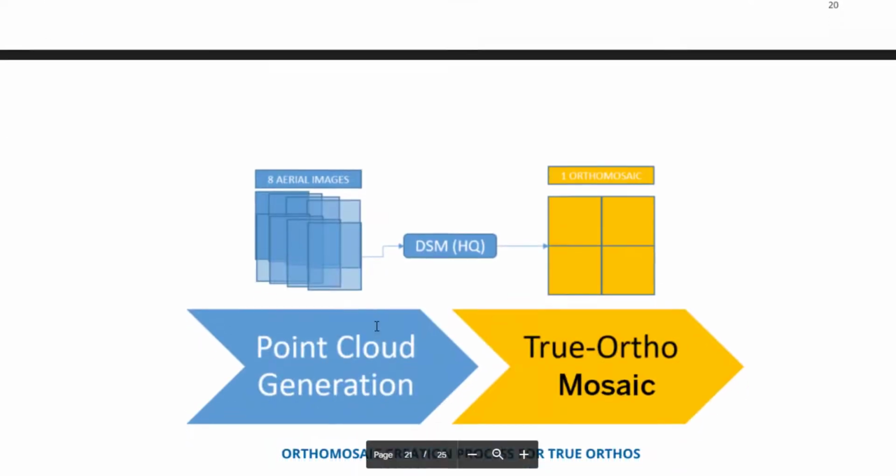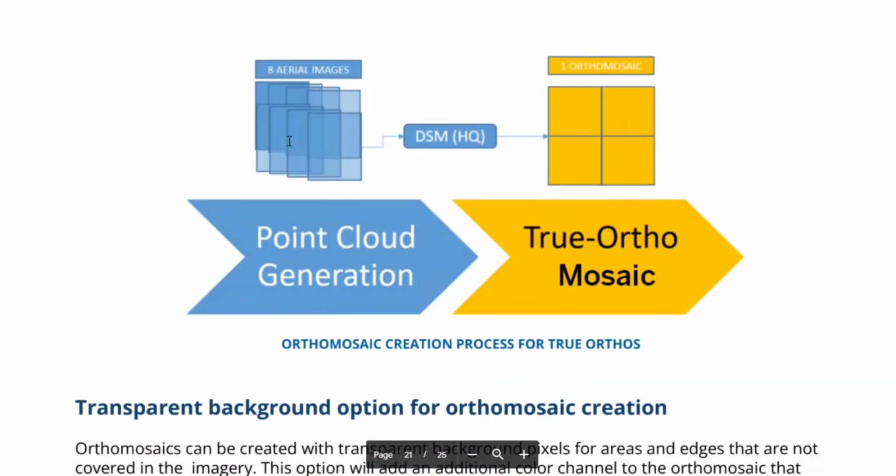So looking at the workflow, we have our 8 aerial images, but we are not generating 8 orthophotos.